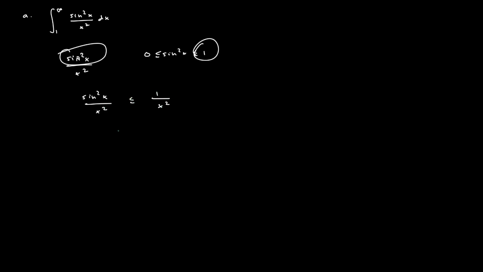And essentially, we can now find the integral from 1 to infinity of 1 over x squared. And this statement is true on all the intervals, so it must also be true from 1 to infinity. And the integral from 1 to infinity of 1 over x squared dx, we've proved this before.